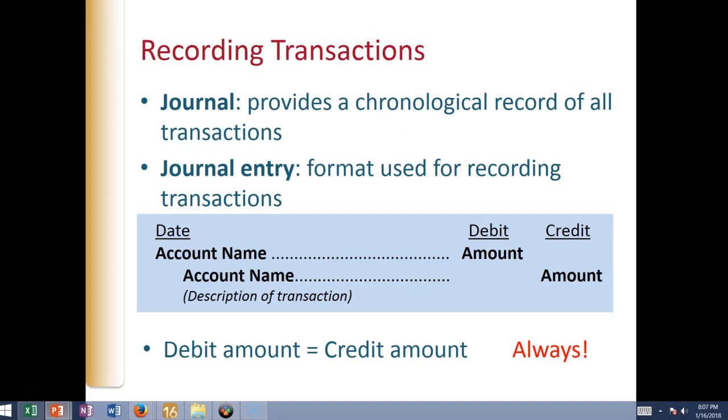This journal provides a chronological record of all the transactions. And we use what's called a journal entry, which is the format used for recording transactions. So, do you see that the debit amount over here will always equal the credit amount? Okay?